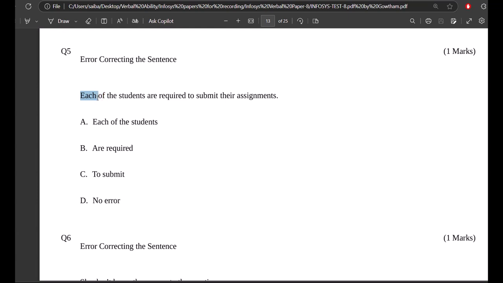So whenever we use singular pronouns, we have to use a singular verb, that is, each of the students is required to submit their assignment. We already discussed that whatever comes next to of, we usually don't consider as the subject of the sentence. Here the subject is each. Each is a singular pronoun, so we have to use a singular verb. So the answer is is required. So option B is the answer.